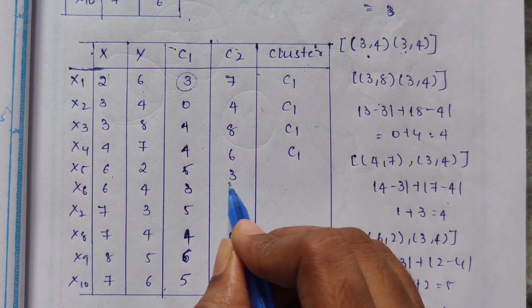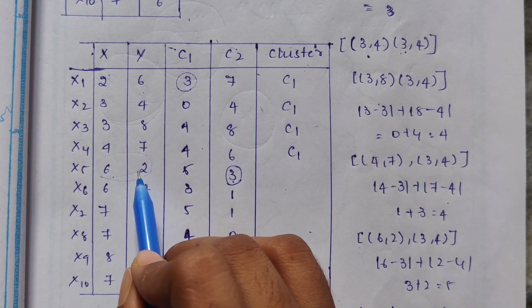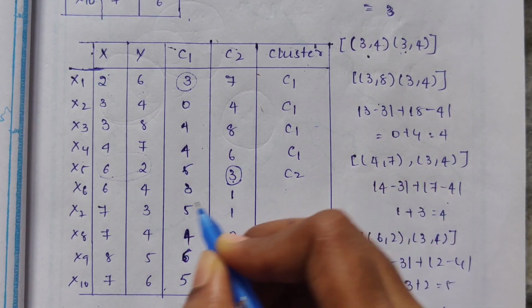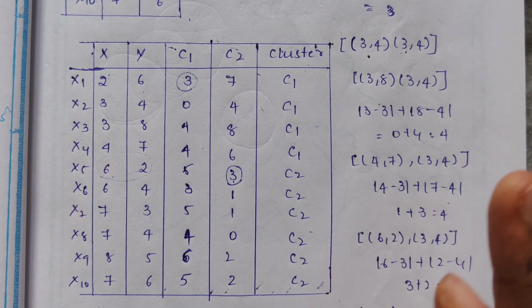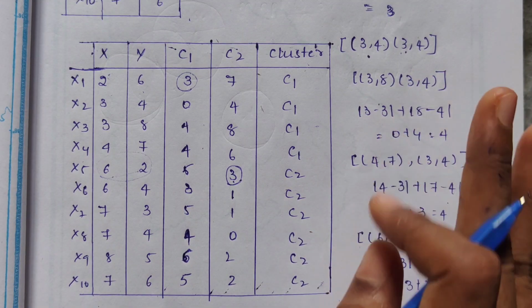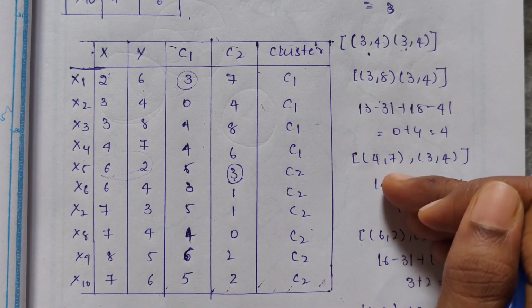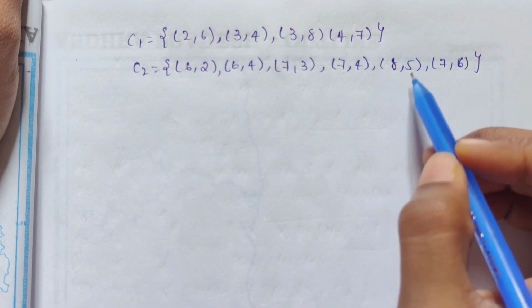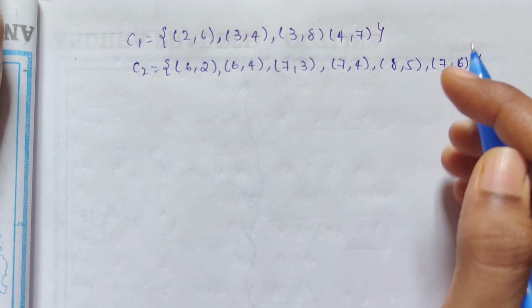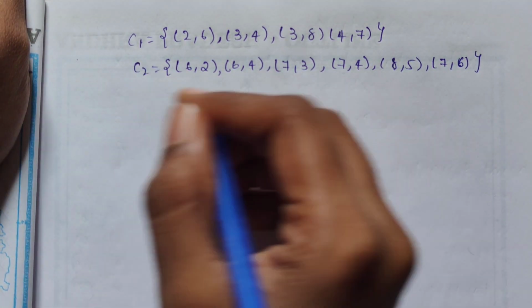Here cluster 2 has the smaller value, so we consider this data point in cluster 2, and also these: cluster 2. Understood? This is how we classify clusters. After finding clusters, we need to find the total cost of the clusters. As of now, these are the clusters that we have got.